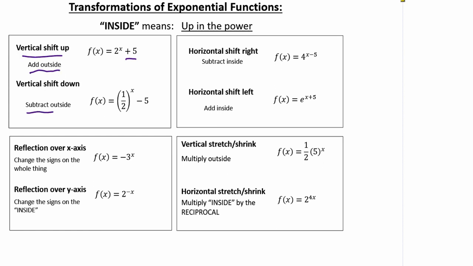If it has subtracted outside, like right here, then you've done a vertical shift down. So you're going to keep referring back to this because these are examples and let you know what to look for. So we are talking about these ones, and these ones, but we'll say vertical stretch and shrink until next time. Okay, so that's a reference sheet, and you're going to go back to it.